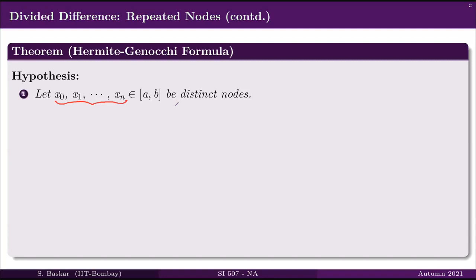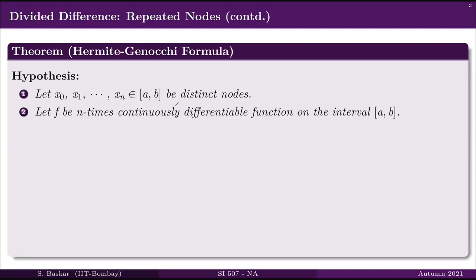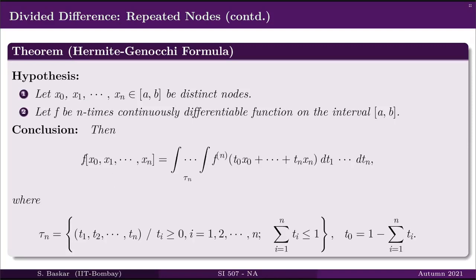To establish this formula, basically we need to assume the condition that the nodes are distinct. f should be n times continuously differentiable on the interval in which we are interested. Then the Hermite-Genocchi formula says that your divided difference with nodes x0, x1 up to xn for the function f can also be written using this formula.